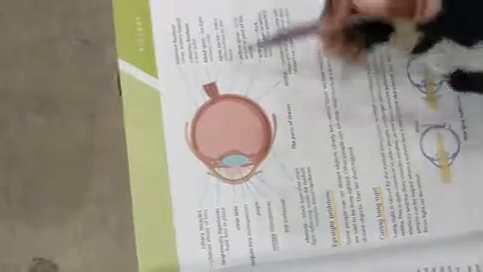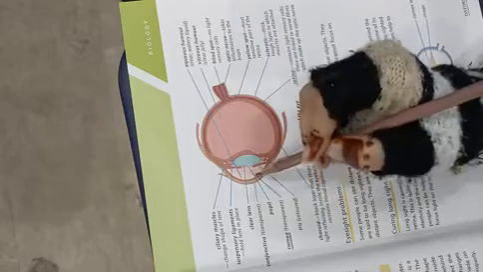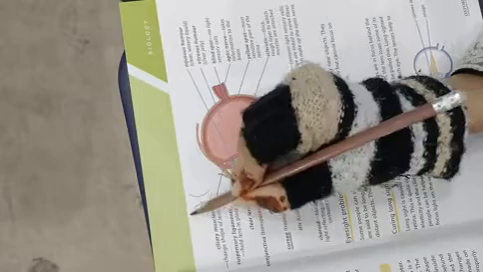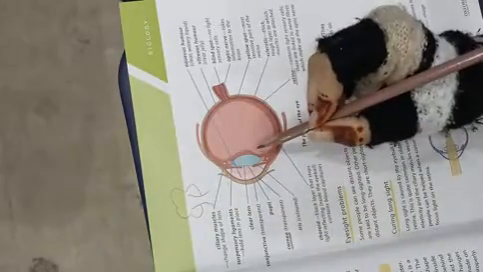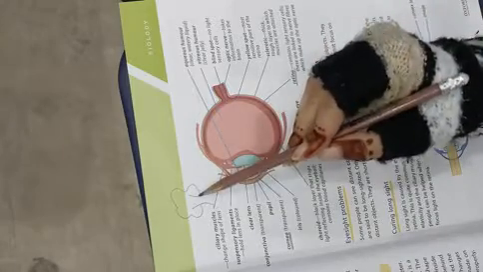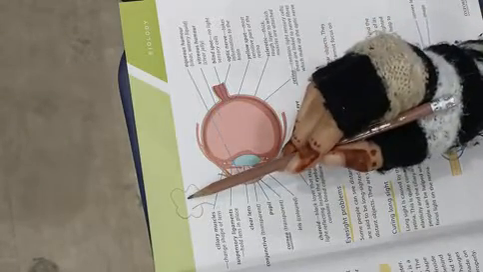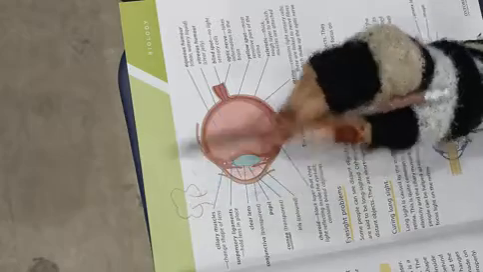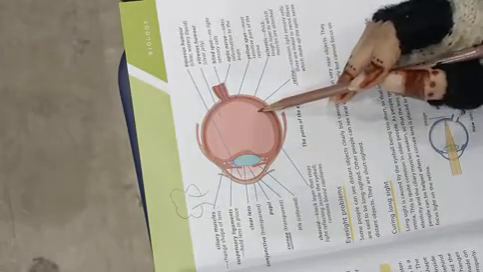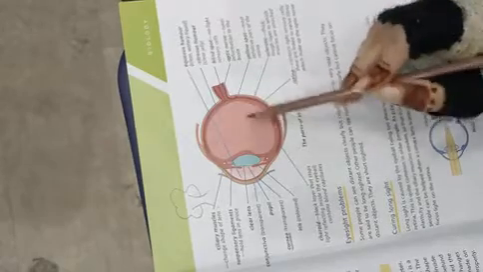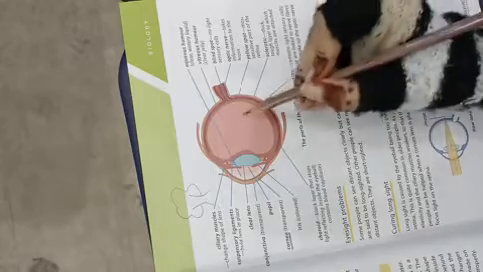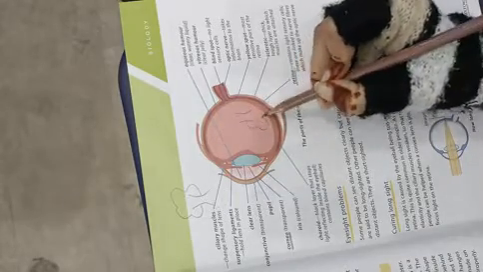Basically what happens when the eye sees an image, for example, when you see a tree in your surroundings, this image from the outside world is created in your retina. Remember that in the eye, the image of an object is created in the retina. So it becomes like this, upside down.